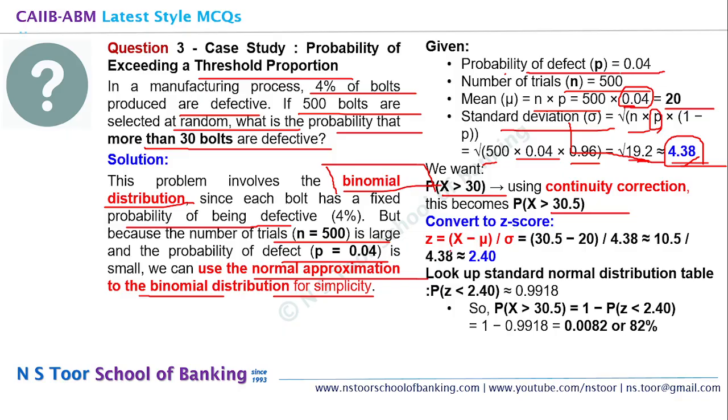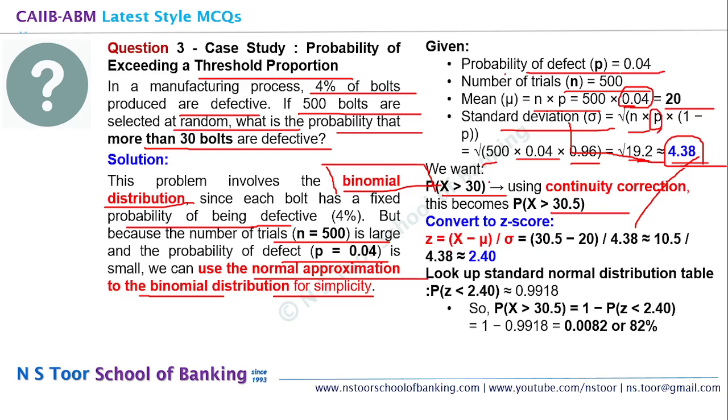Z score is equal to x minus mu. What is the mu? That is mean divided by sigma. So what is the sigma? Sigma is standard deviation. Now it is clear to you. Sigma is standard deviation. So Z is equal to 30.5.